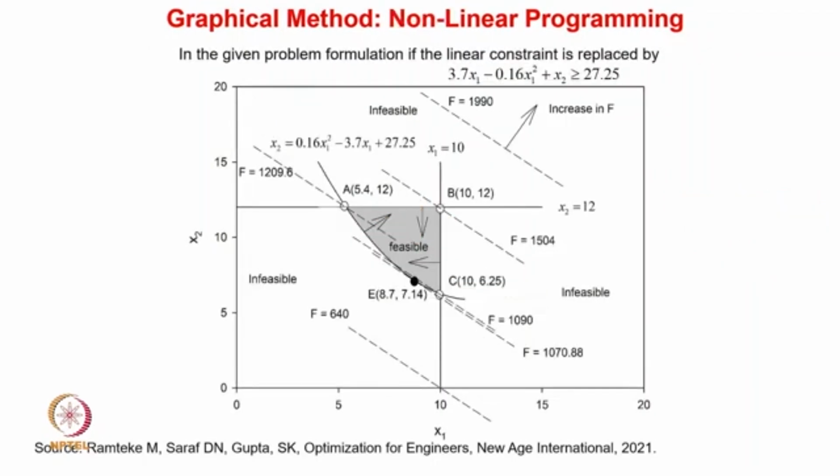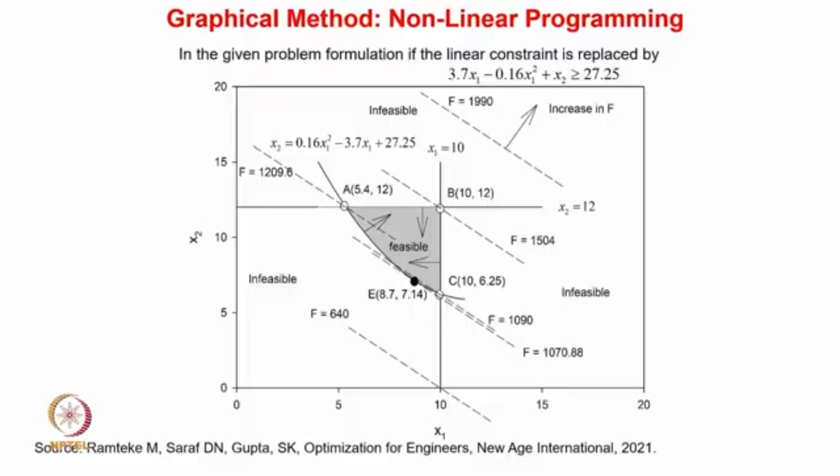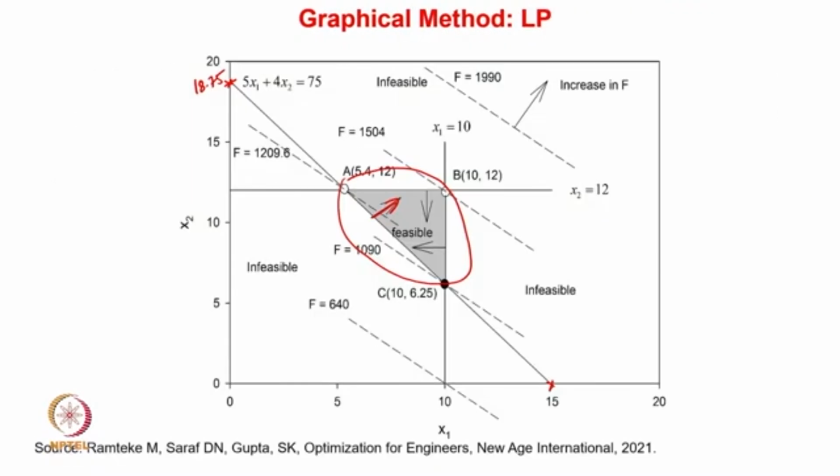Now let's look at the third case, which is non-linear programming. Remember we said that we have replaced the linear constraint. Earlier we had a linear constraint, which is 5x1 plus 4x2 should be greater than or equal to 75. That was the linear constraint. Now this linear constraint we are replacing by a non-linear constraint.